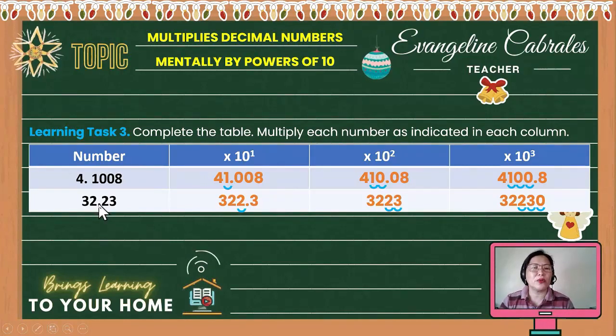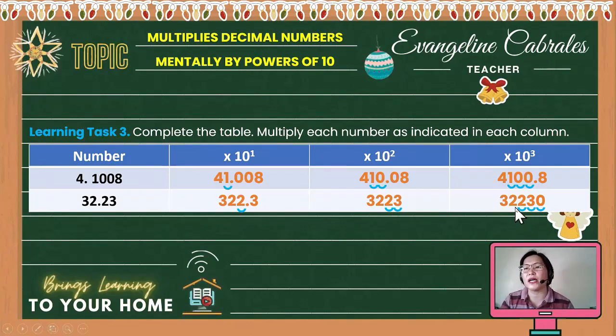Nandito ang decimal point, dalawang beses iniusod, kaya lahat sila ay whole number na. At dahil nasa dulo naman ng decimal point, pwede na siyang hindi isulat dahil ito ay whole number. At dito, sa times 10 to the power of 3, tatlong beses iuusod. May bakante dito, kaya lalagyan ng 0.